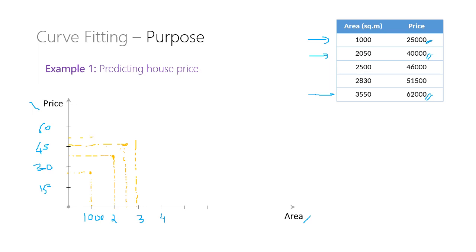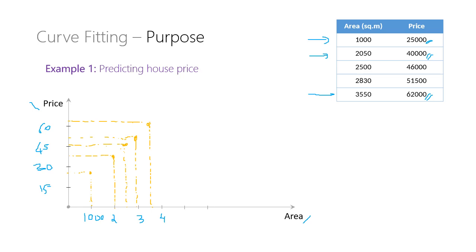So somewhere here. And finally, for the floor area of 3,550, the last point is at the middle of this circle, and the price of that house was 62,000. Somewhere here. So that's the fifth data point.